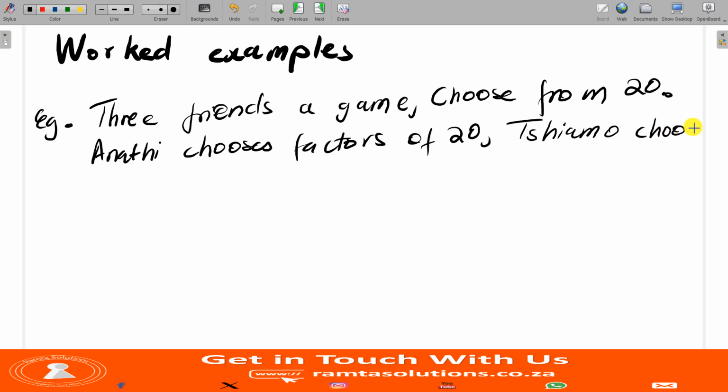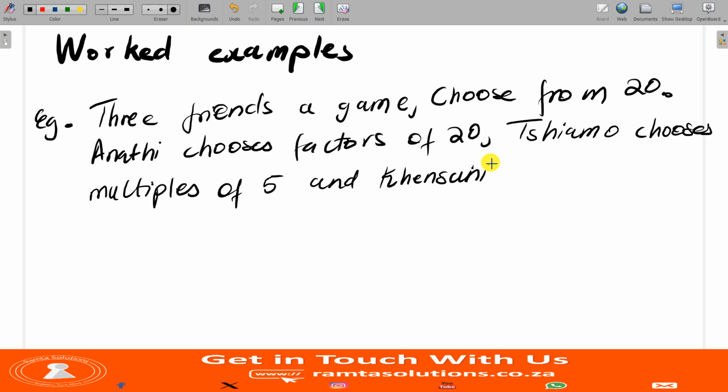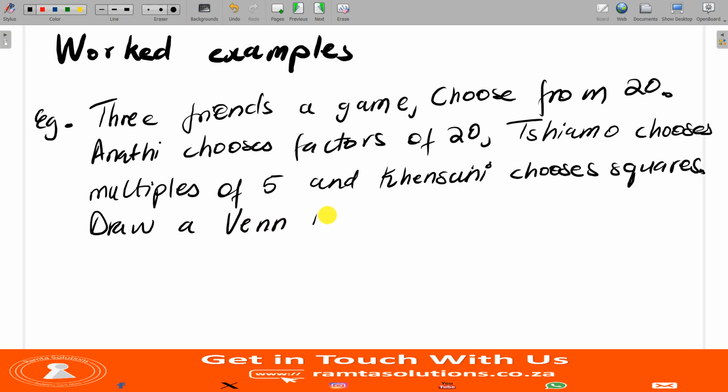And Kensani chooses squares. Now draw a Venn diagram.